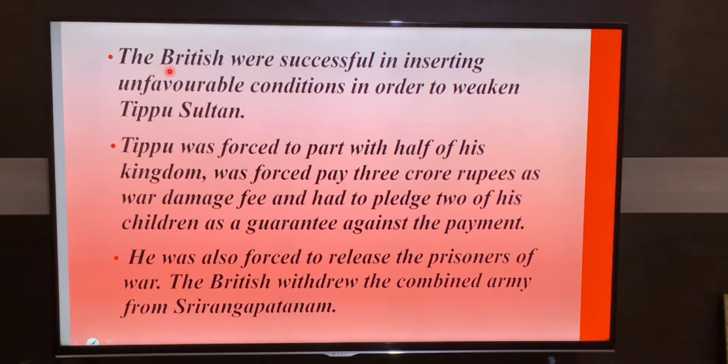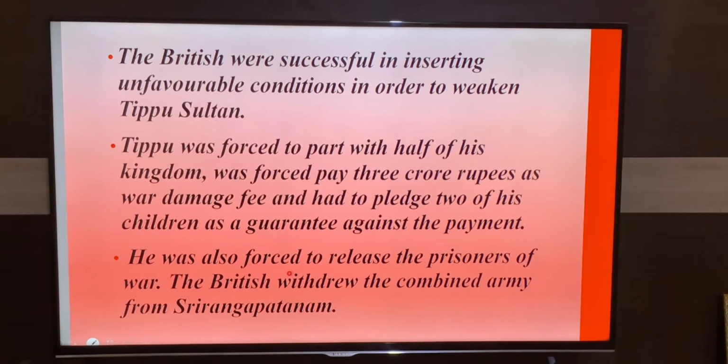The British were successful in inserting unfavorable conditions in order to weaken Tipu Sultan. Tipu was forced to part with half of his kingdom, was forced to pay 3 crore rupees as war damage fee, and had to pledge 2 of his children as a guarantee against the payment.